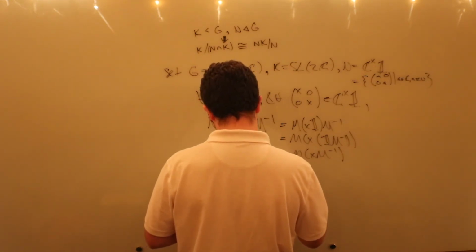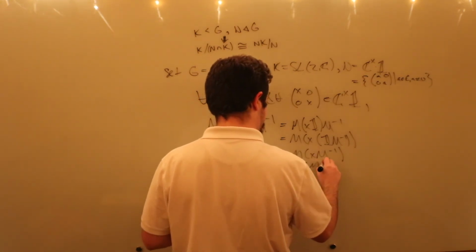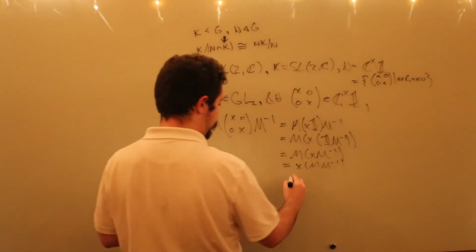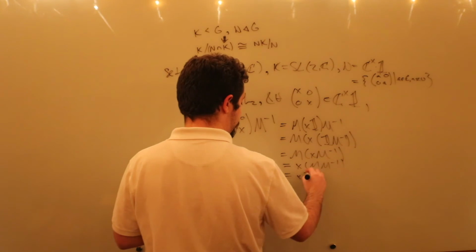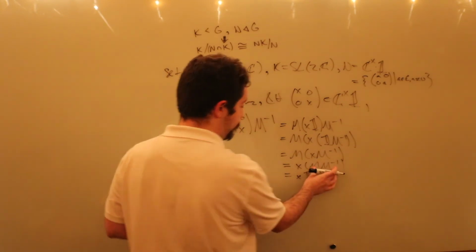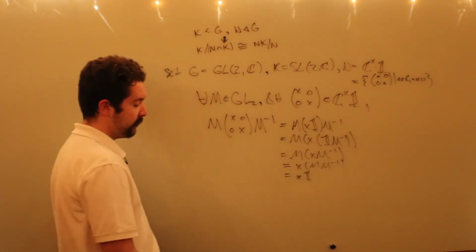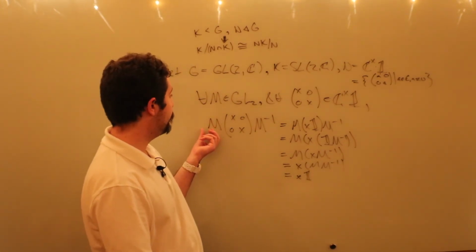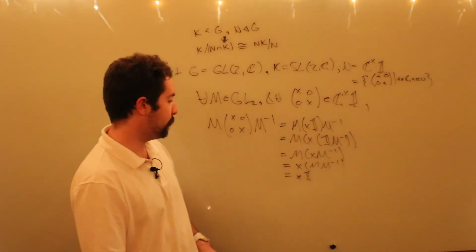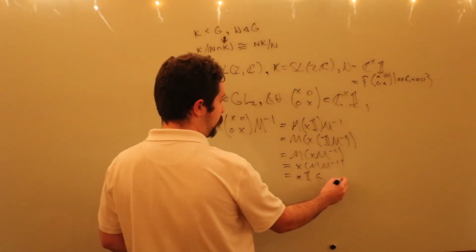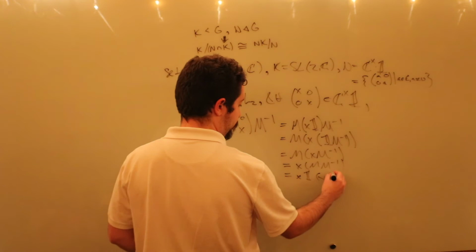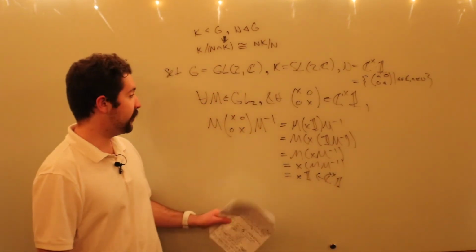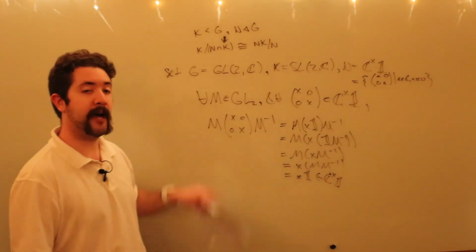And this is going to be equal to x times the identity, just by the properties of things. Remember that x is a scalar here, so it's equal to x times the identity matrix when those cancel out. And of course, I should note that M is invertible because it's in GL. And this is, of course, in these scaled identity matrices, right? So, indeed, this is a normal subgroup of that.